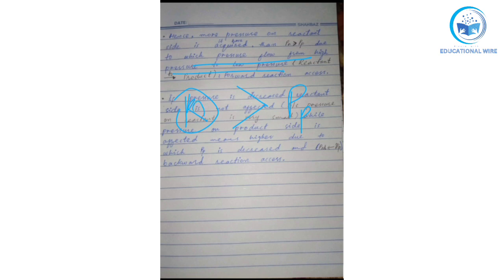We have more pressure on the reactant side, so obviously there is less pressure in the product, so it moves from higher pressure toward lower pressure. It means the reactant moves towards the product, and this is called the forward reaction axis.